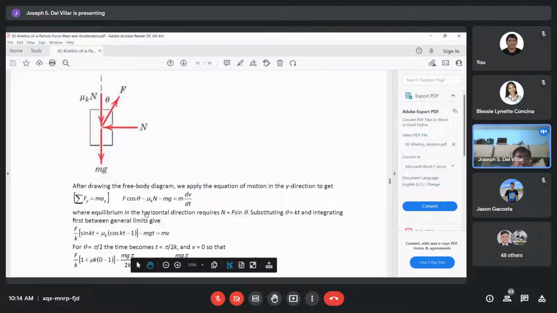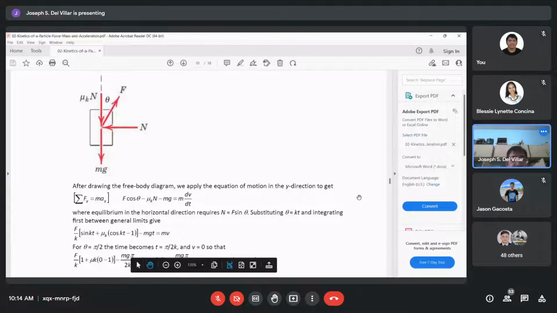Okay? Ito namang mu k times N. Okay? But N is F sine theta. So, i-substitute nyo na naman to dito. Okay? So, ito magiging mu k times F sine theta. So, pag in-integrate mo yan, okay?